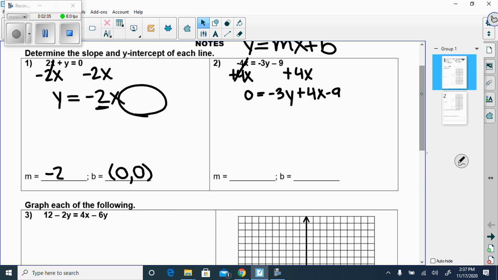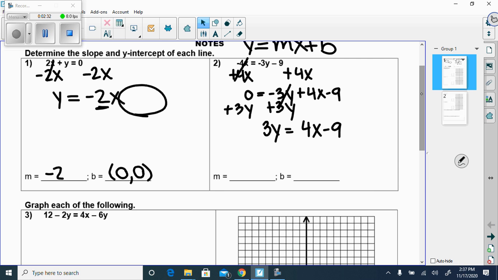What do I move now? Yep, we can move the 3y, so we would have to add it. So that makes those go away, right? Okay. So what is 0 plus 3y? 3y. So I now have 3y equals 4x minus 9.